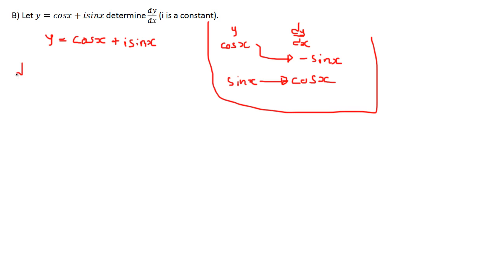So dy by dx is simply going to be minus sine x plus, you just put an i, cos x, because the i is a constant, so it stays there.